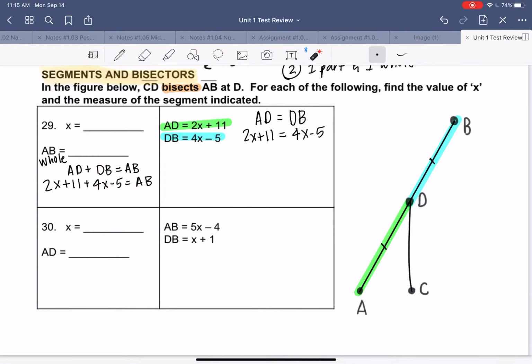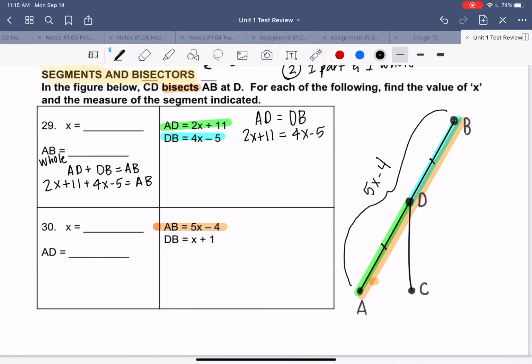All right. So for this next one, it says that AB is 5x minus 4. So this whole thing is 5x minus 4. So I'm going to write 5x minus 4.